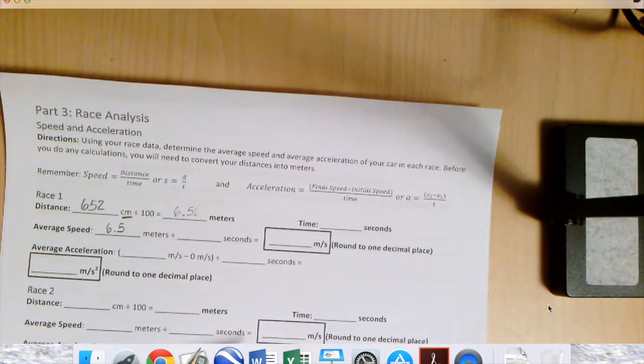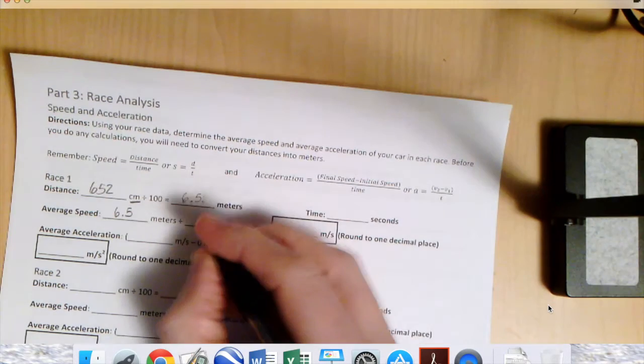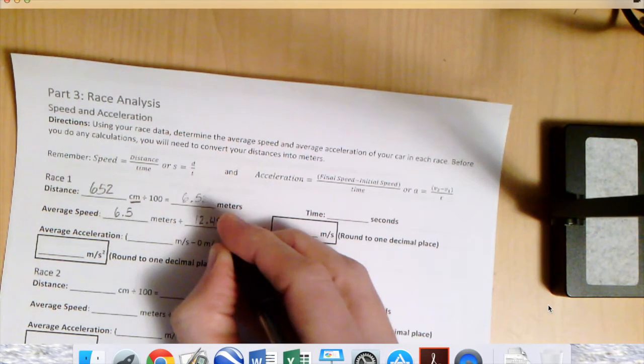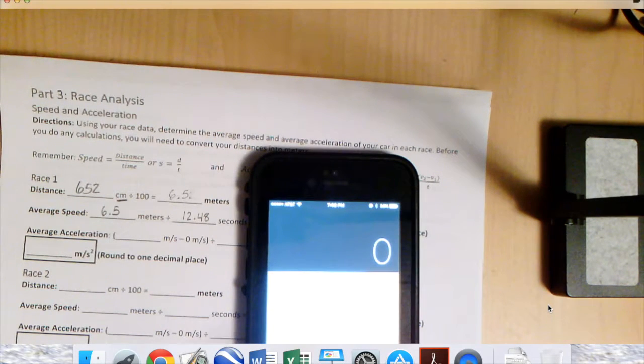Okay, now we have our time. My time for my first race was 12.48 seconds. So I'm going to write this right here, 12.48. Okay, so 6.5 divided by 12.48. I'm going to use my calculator and put 6.5 divided by 12.48. That's distance divided by time.